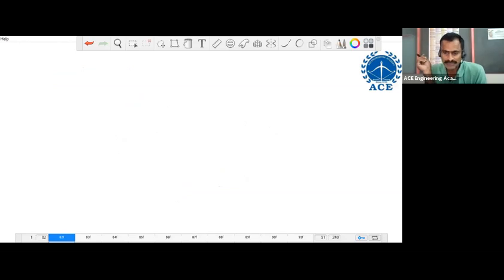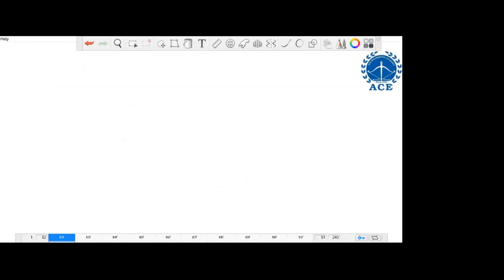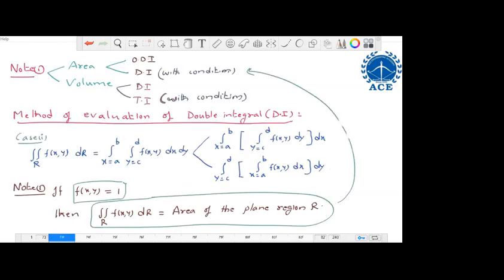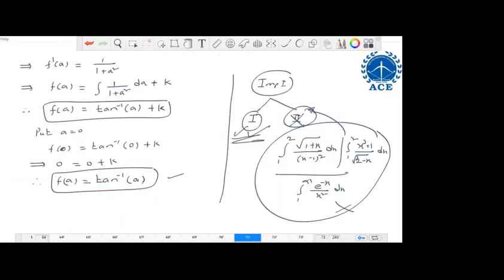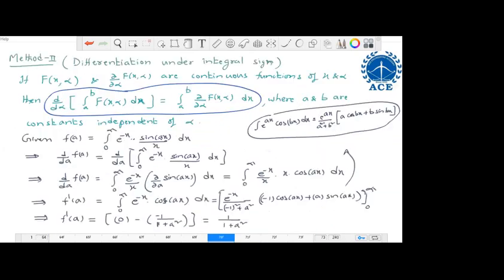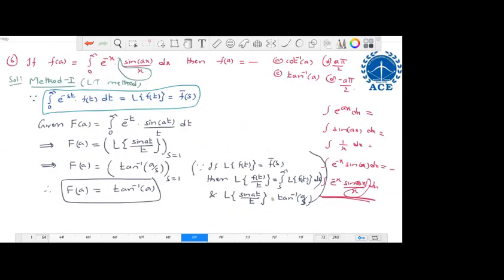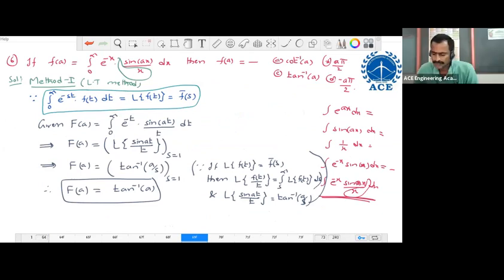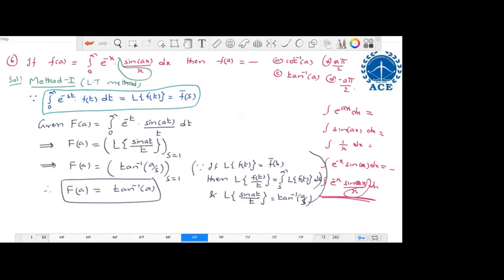Can you go back to the 70th Laplace transform? So here we know that the Laplace transform of sin at is a by s square plus a square. Then we integrate it from s to infinity.